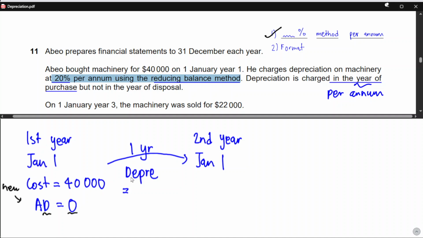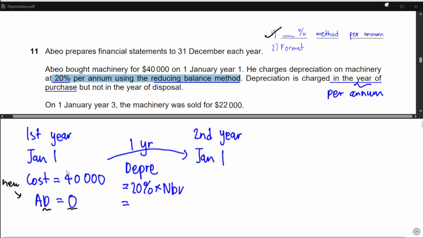The depreciation will be equal to 20% and then reducing balance. This is the net book value, cost minus AD.